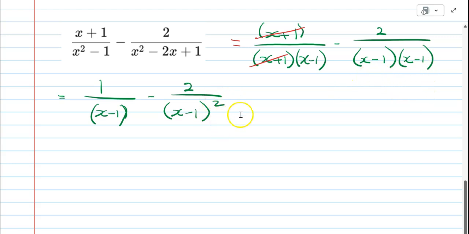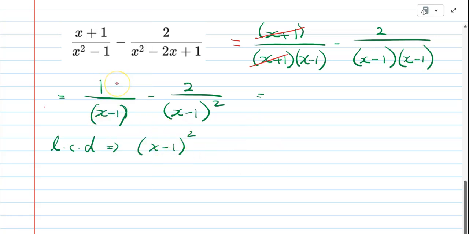Now the LCD. What is the lowest common denominator here? The lowest common denominator that has both factors, x minus 1 squared and x minus 1, is x minus 1 squared, because x minus 1 squared has a factor of x minus 1 in it.